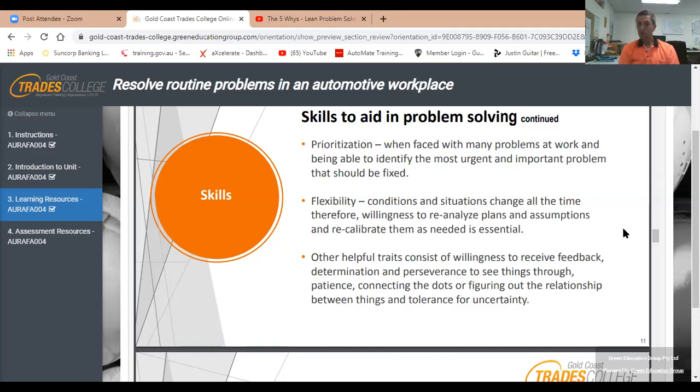Determination as well. You've got to be determined to get the result, to have the problem solved. Perseverance might be something that takes a couple of weeks or even months to resolve. So perseverance to see those things through and knowing that there's a sunny day on the other side of your problems is worthwhile. Along with perseverance, I think comes patience.